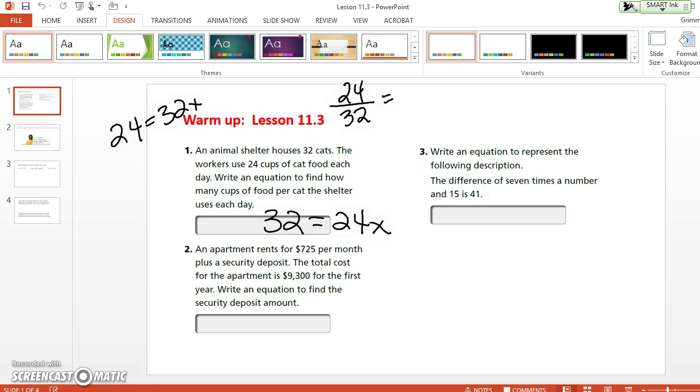Okay, so if I'm taking 24 and dividing by 32, look at these two different equations. I'm going to divide both sides here by 32, which would be this equation, which would be the unit rate, because it's how much food each cat gets.